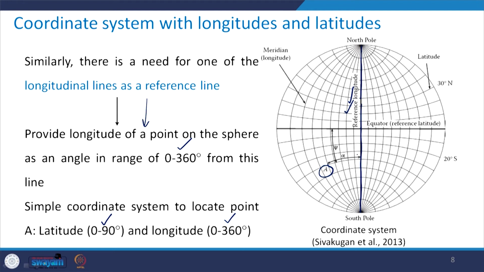When you measure along this, alpha gives you the longitude, and we are representing dip by this angle psi, that will be latitude.